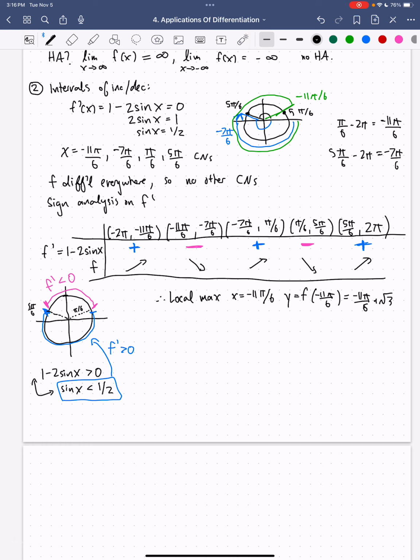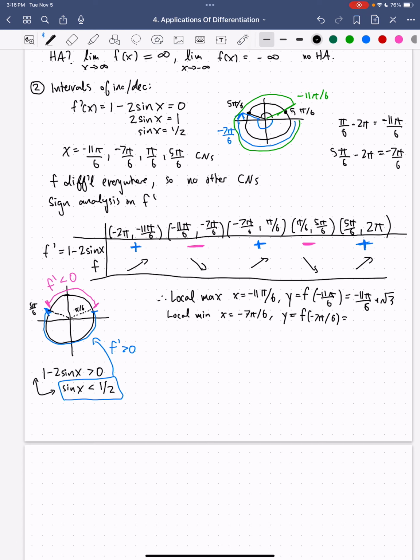Okay, so then at negative 7 pi over 6, it looks like we've got a local min. And then the y value there is f of negative 7 pi over 6, which works out to be negative 7 pi over 6 minus root 3.